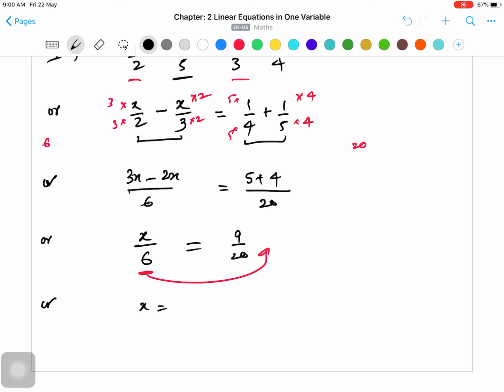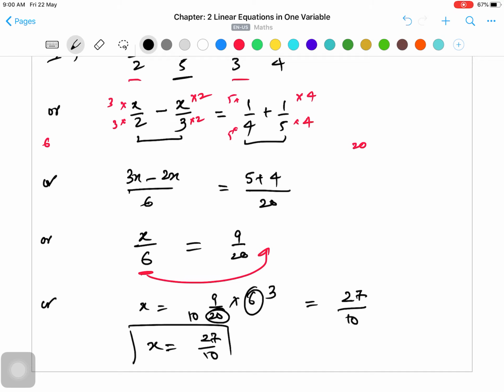So x equals 9 by 20 multiplied by 6, and when you divide by 2, you get 3 here and 10 here, so this will be 27 by 10. Hence the value of x is 27 by 10, and that's the solution of this linear equation.